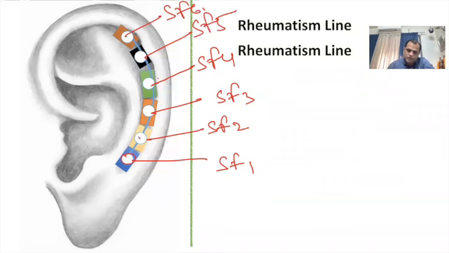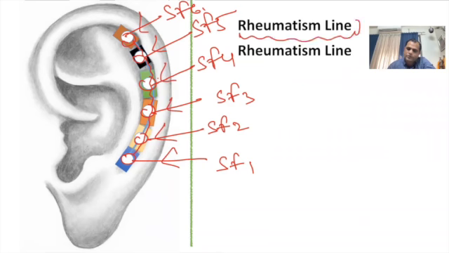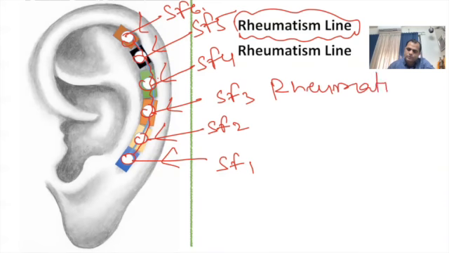So if we combine all the 6 parts together with one line, अगर इन सारे पार्ट्स को हम एक लाइन बनाकर जोड़ दें और सभी पर एक एक निडल लगा दें या सभी पर एक सीड लगा दें तो इस लाइन को हम कहते हैं rheumatism line. क्योंकि ये हमारे शरीर में होने वाले rheumatic पेन को ठीक करती है.